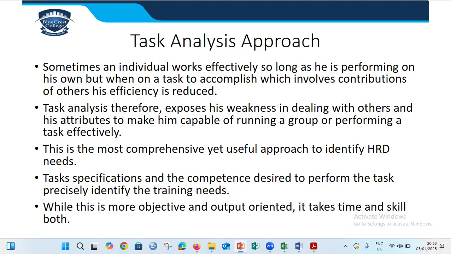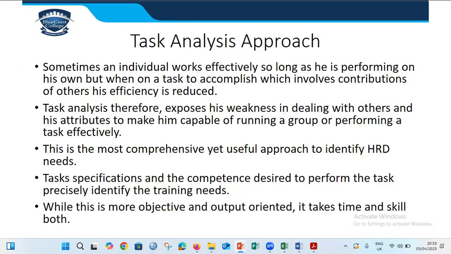So if you perform a task analysis, it helps you to identify that this particular employee is effective when he's working alone. But when it comes to working in groups, he is no more as effective as he's supposed to be.